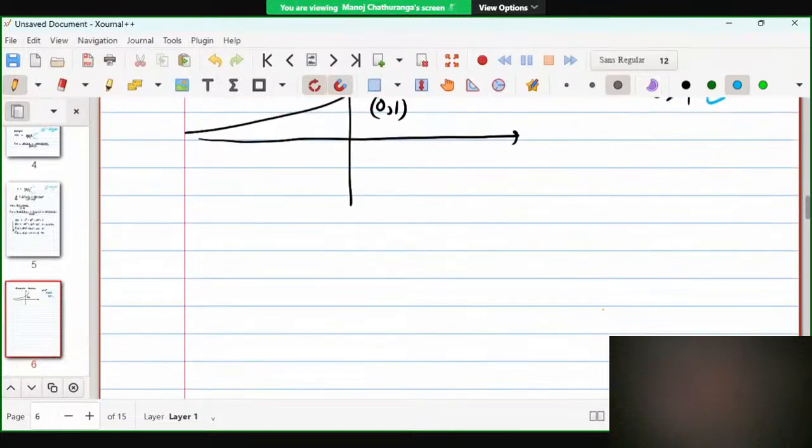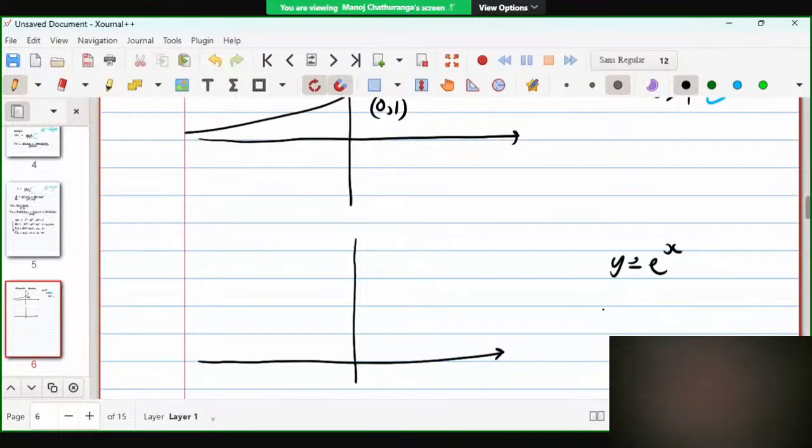At first we have the freedom to choose b, but near the end, I think I introduced you to e to the power x. I said e is some number between 2 and 3, 2.71 something.